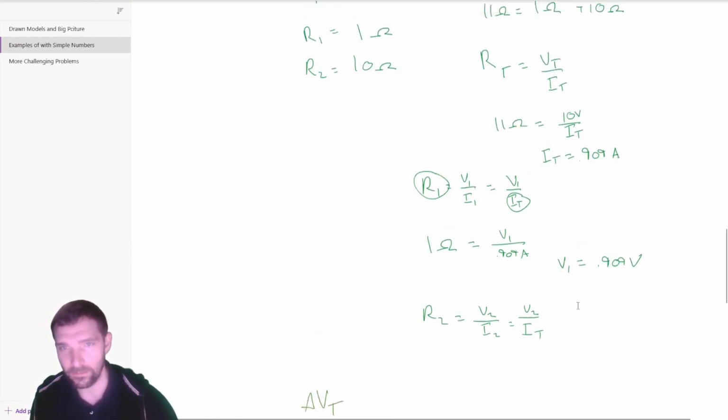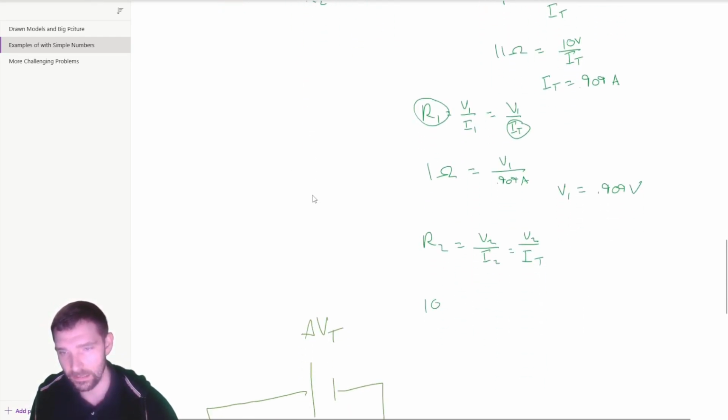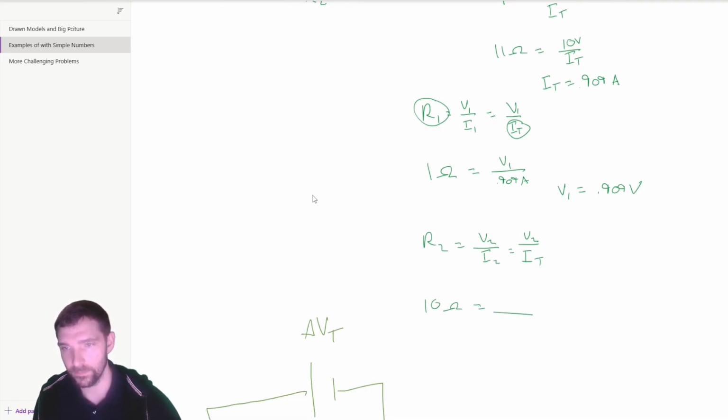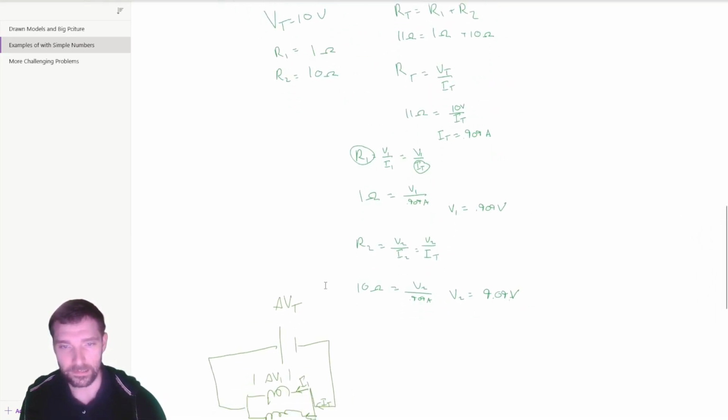But we have now resistance 2, which is 10 ohms, and the current, which was 0.909 A. And then you've got V2. Yeah, if we look at this V2, I think it looks like it should be 9.09 volts there. So that works out really nicely.